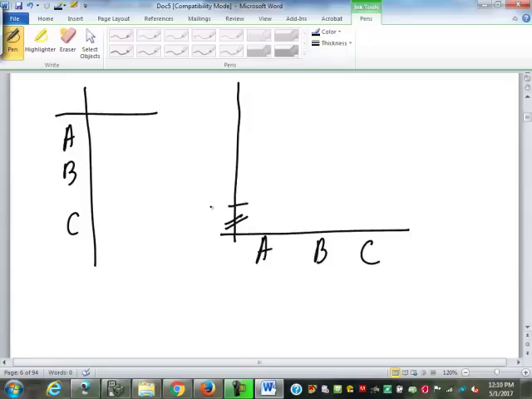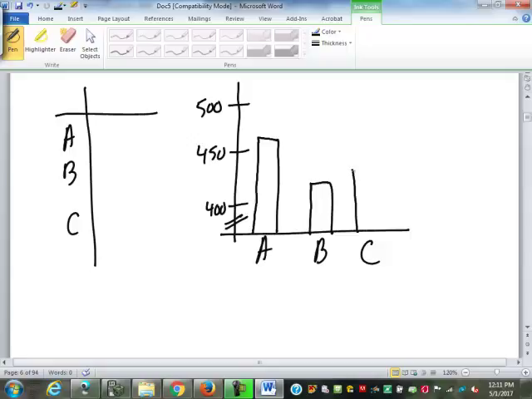Now I'm going to list number of patients. So hospital A looks something like this. Hospital B, something like that. And hospital C, pretend those bars go straight up and down.